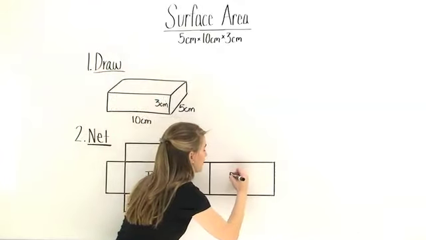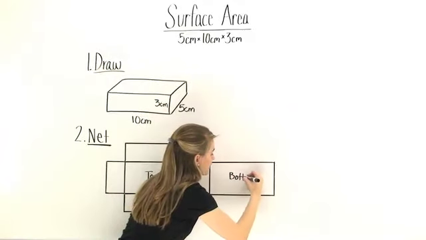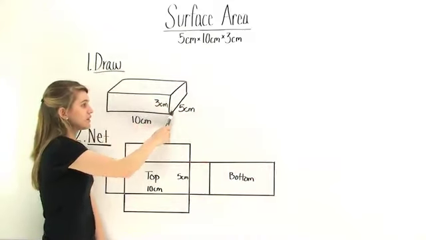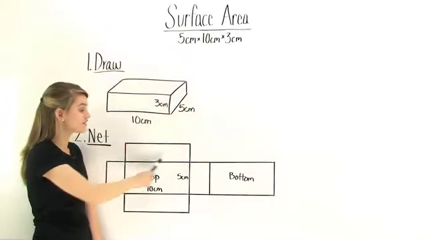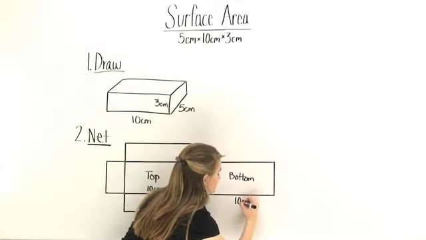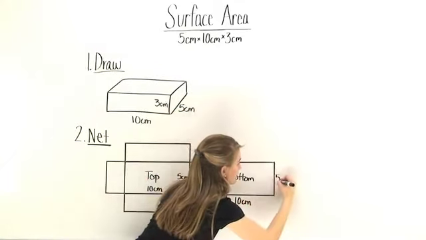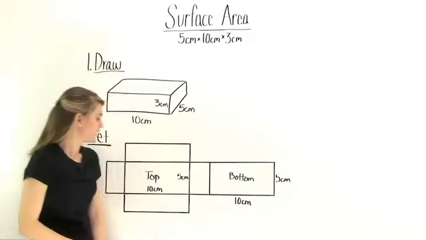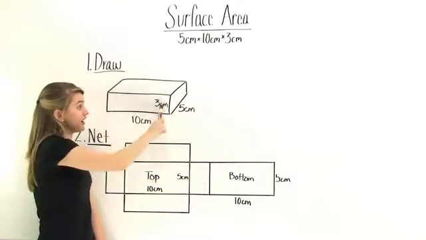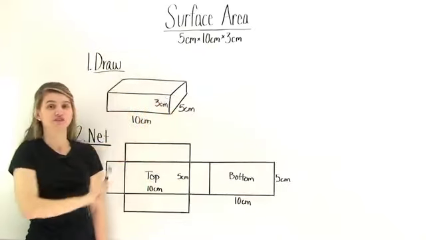So let's go ahead and label that. This is the bottom rectangle. Notice the bottom rectangle has dimensions 10 centimeters by 5 centimeters. Those are the same dimensions as the top rectangle. Now we have the top and the bottom labeled. We need the front, the back, and the 2 sides.